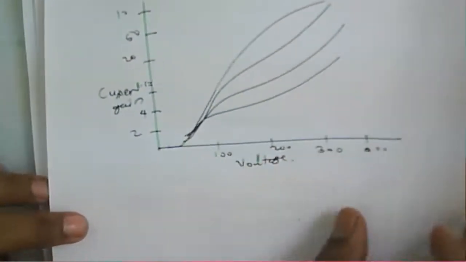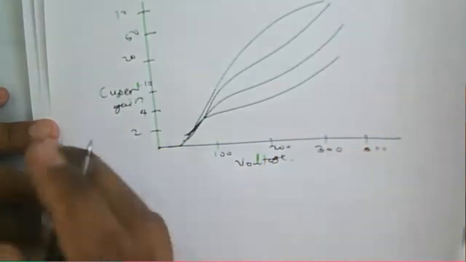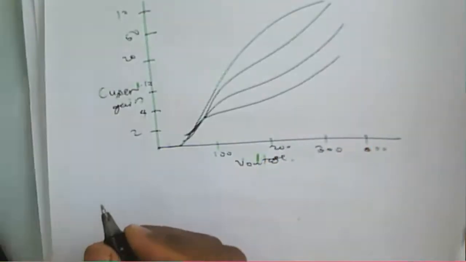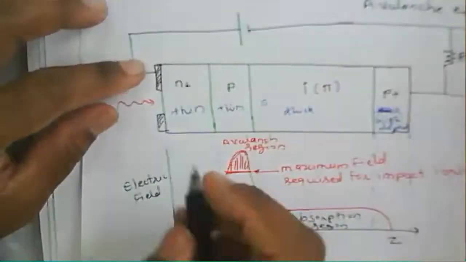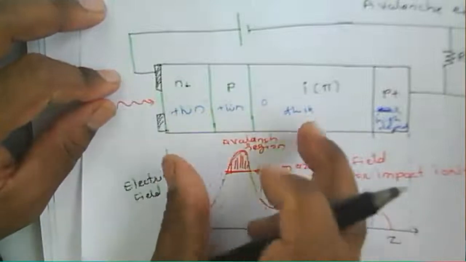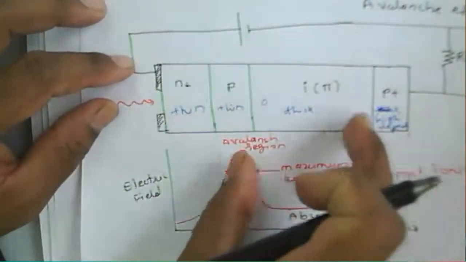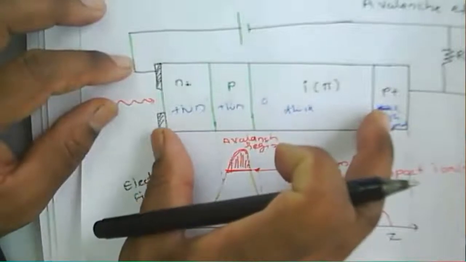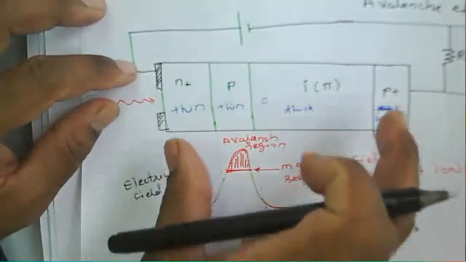So there are some drawbacks of this avalanche photodiode. If you see that in the avalanche photodiode, we require a thin layer, thick layer, likewise. So that's why designing this particular structure, the fabrication cost will be more.